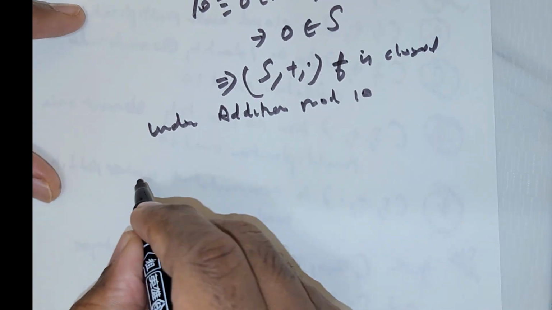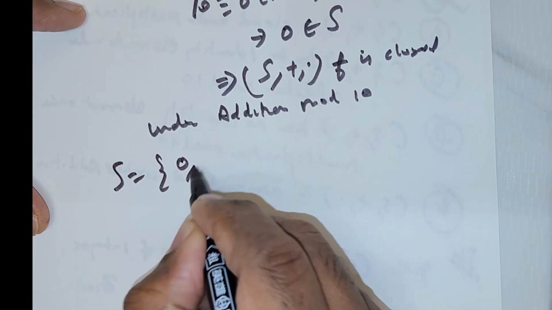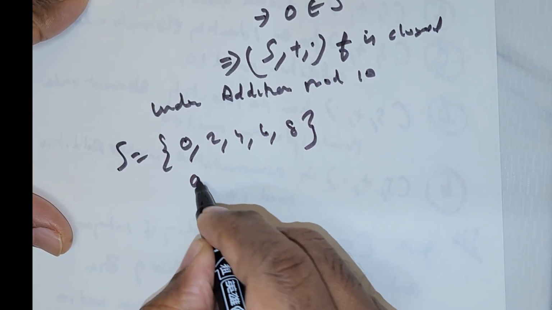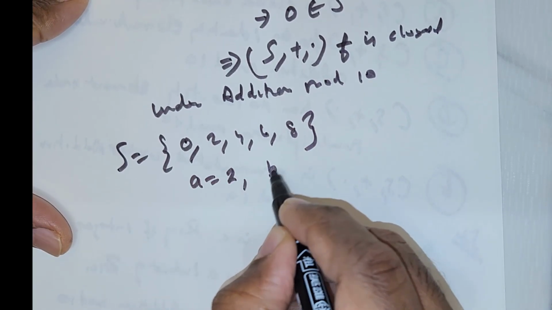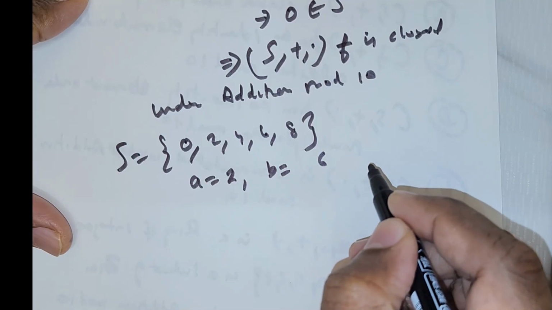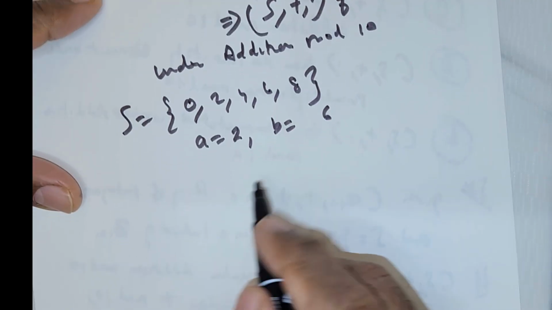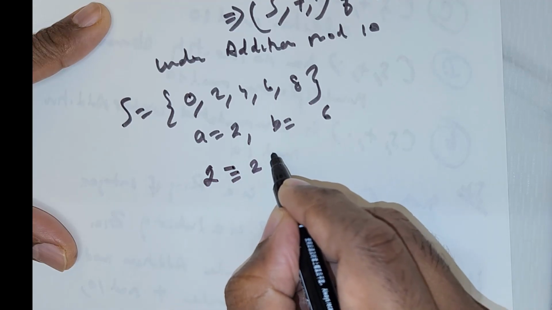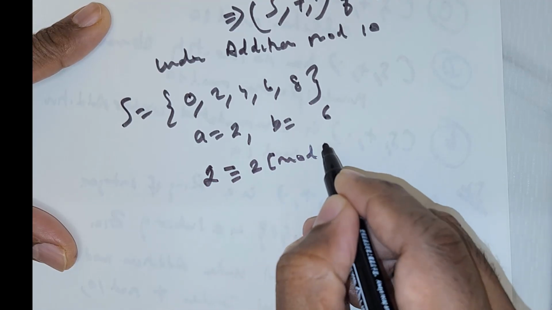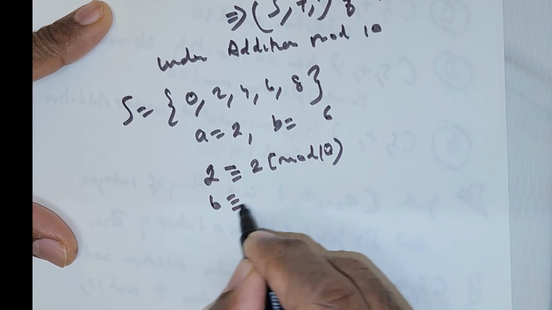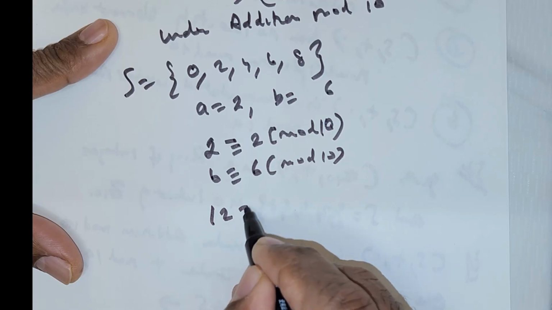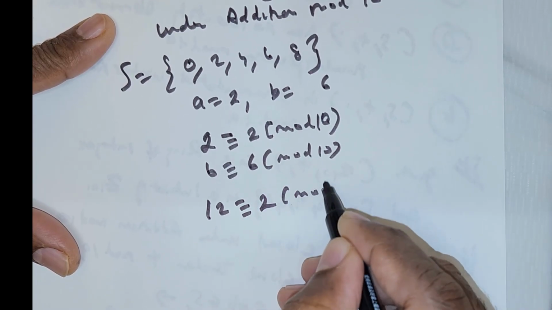Now is it closed under multiplication mod 10? So we have to check that. So let me take S to be 0, 2, 4, 6, 8 and let A be equal to, say, 2 and B be equal to 6. Now clearly 2 is congruent to 2 mod 10 and 6 is congruent to 6 mod 10. Now 6 times 2 is what? 12. 12 is congruent to 2 mod 10.